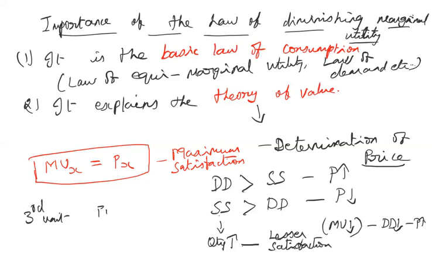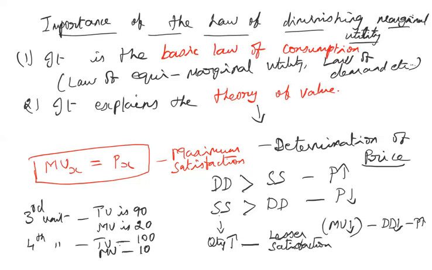The total utility is 90, and the marginal utility, if you refer to the table, is 20, isn't it? And when he consumes the fourth unit, what is happening? The total utility happens to be 100 and the marginal utility happens to be 10.